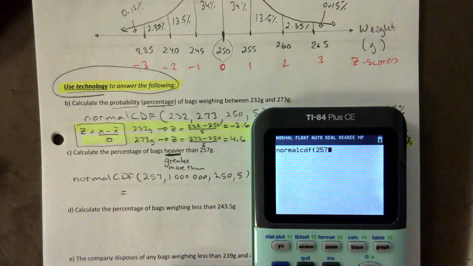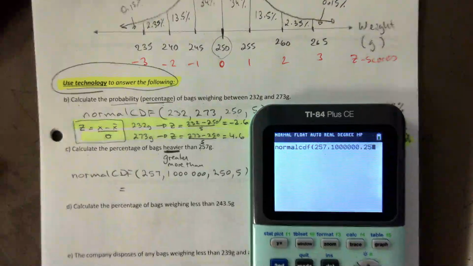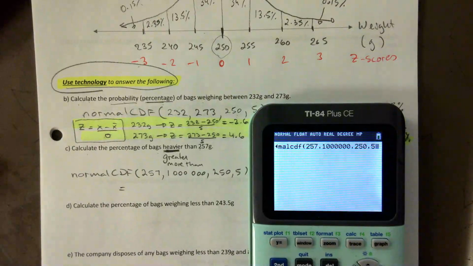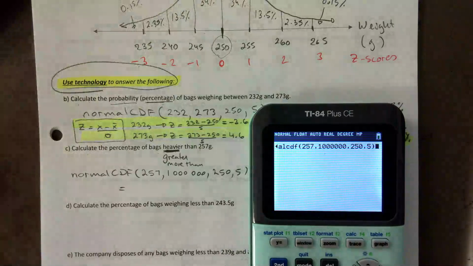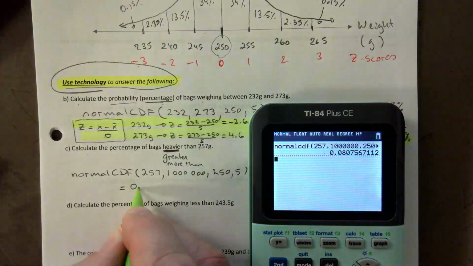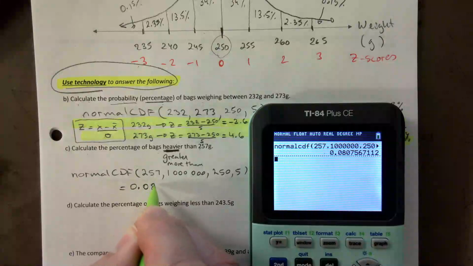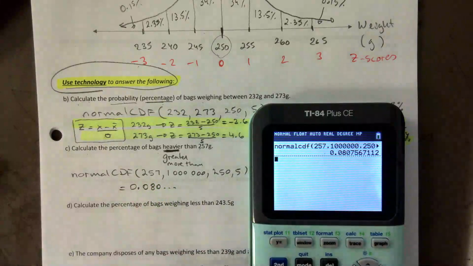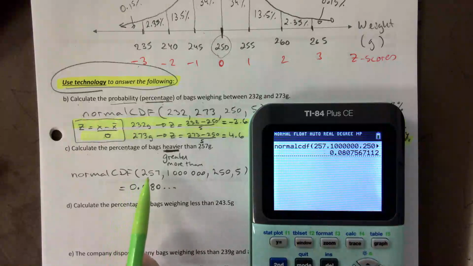Normal CDF 257, 1,000,000. Mr. Dixon, would 100,000 work? Yes. Why do you go 1,000,000? Because sometimes you're going to have to go millions. I'll say it this way. If your values here were in millions, okay, how many families make more than $1 million?